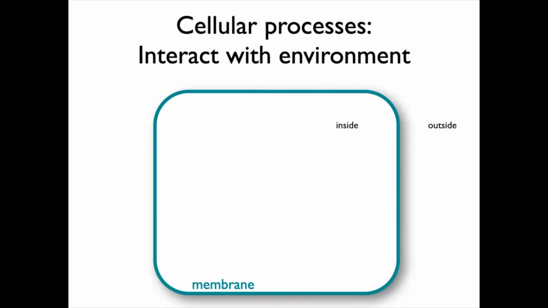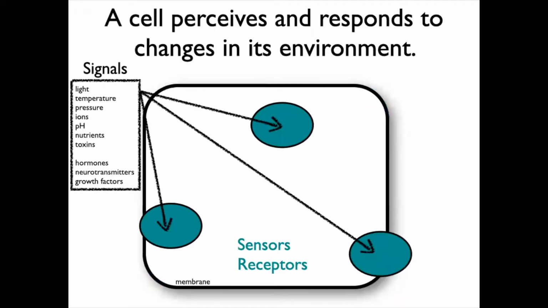But in order for this cell to survive, it also needs to be able to transport molecules over the membrane. And it also needs to be able to detect changes in the environment and then generate a response so that it can react to these changes. Okay, how a cell perceives and responds to change in the environment.